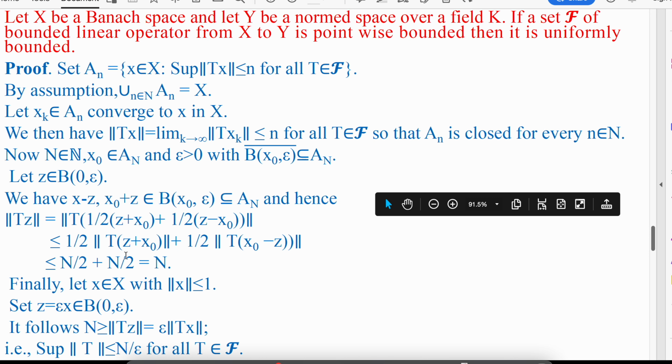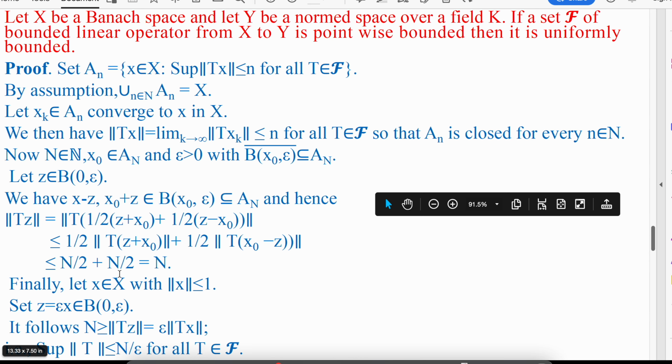And suppose this is less than or equal to n, so 1 by 2 n plus 1 by 2 n, which is n. So norm of Tz is less than or equal to n.